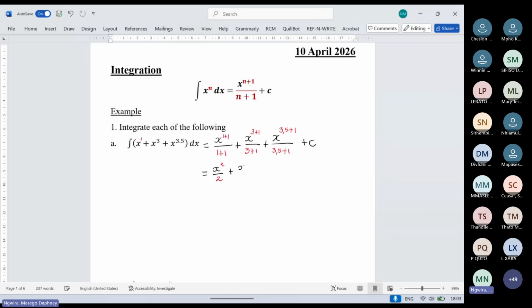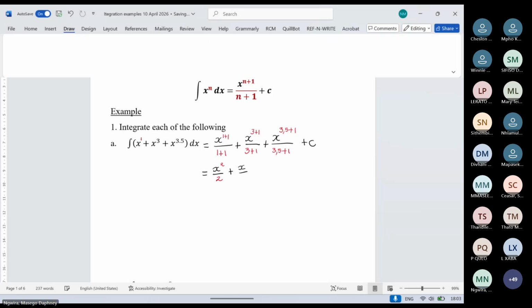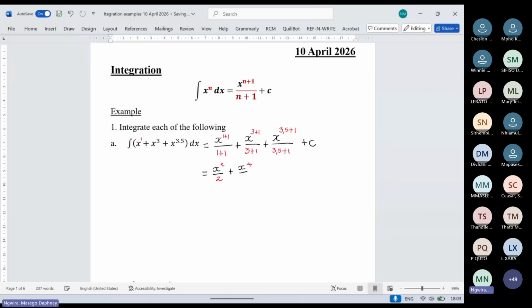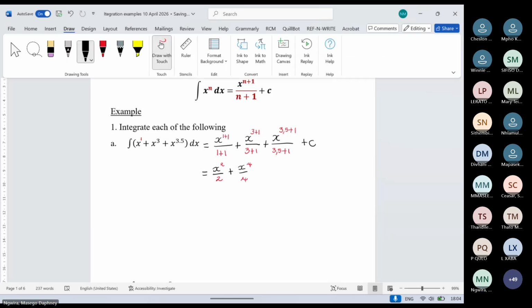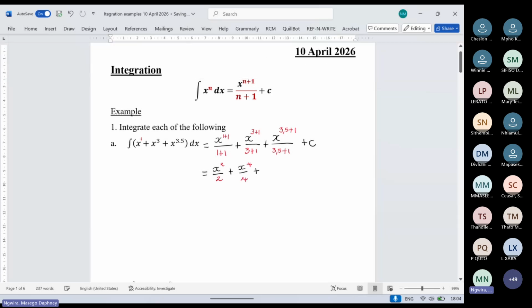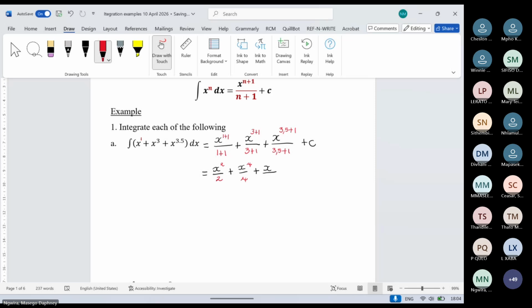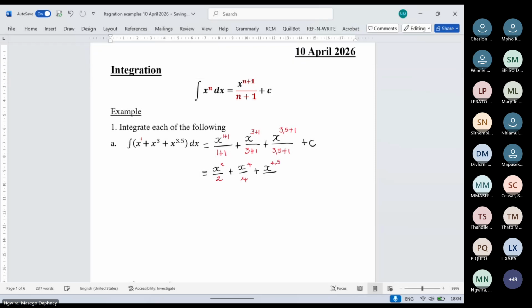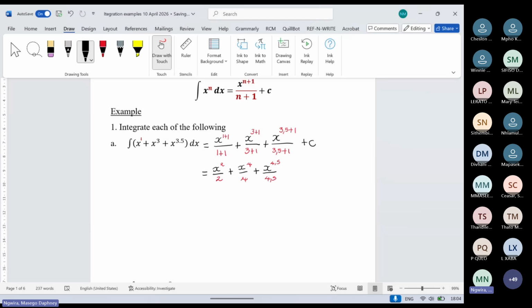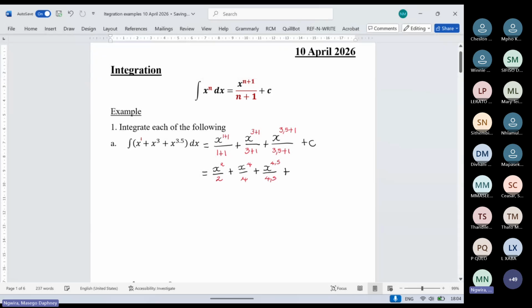So this will be x to the power of 4.5 over 4.5. And then this is plus c. So this is how we integrate.